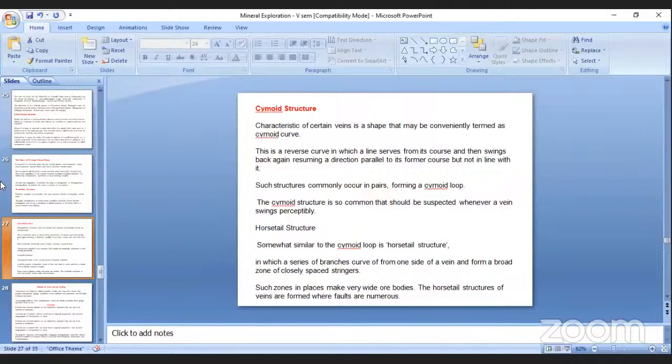The same structure we can also see in vein-type structures.